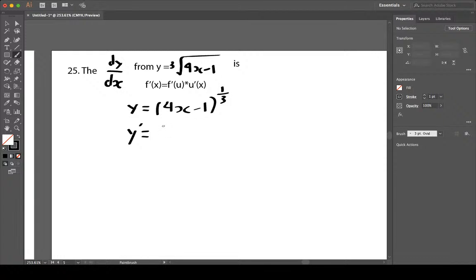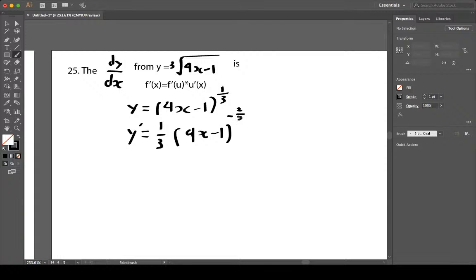When we do that, we just do 1 times 1/3, that's 1/3. Multiply that by 4x minus 1. You see, I just copied the same function which is inside. And then you do 1/3 minus 1, that will be negative 2/3.